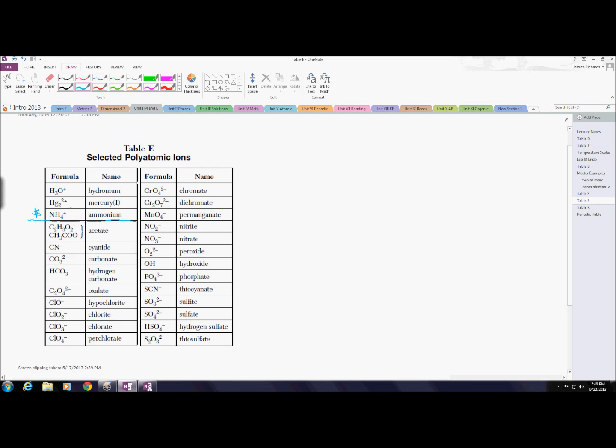With these polyatomic ions, what you see in the letters and the subscript numbers are what the polyatomic ion is. So if I need to use ammonium in a compound, I'm going to write ammonium as NH4. If I need to use nitrate in a polyatomic ion, I'm going to write NO subscript 3.